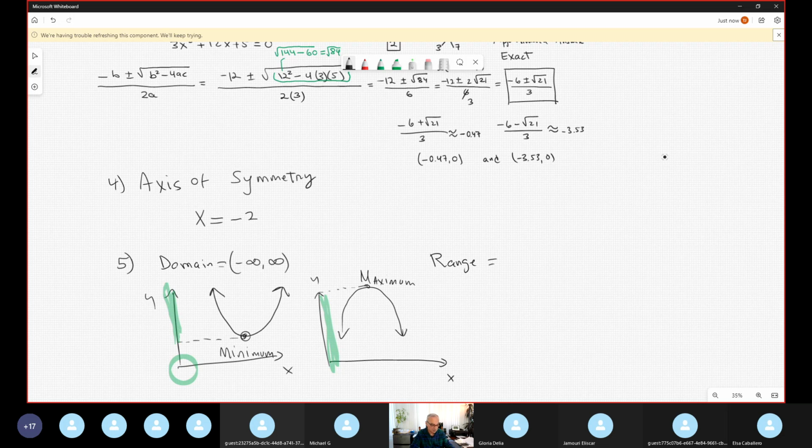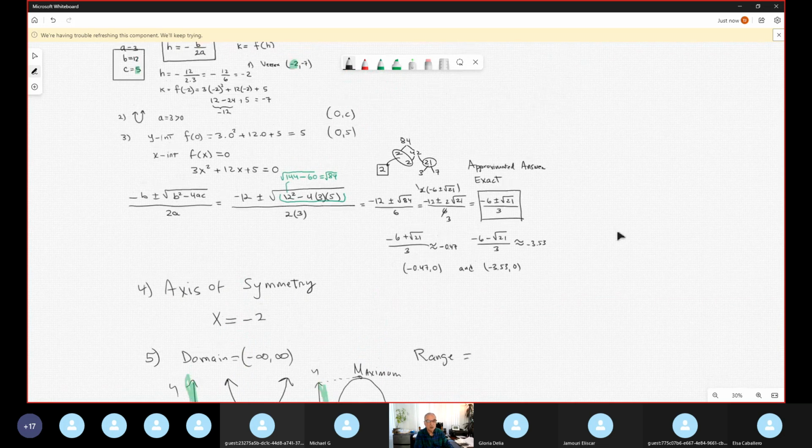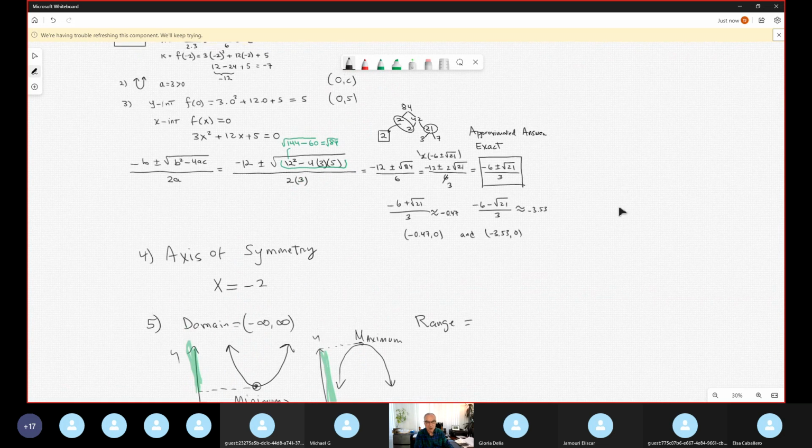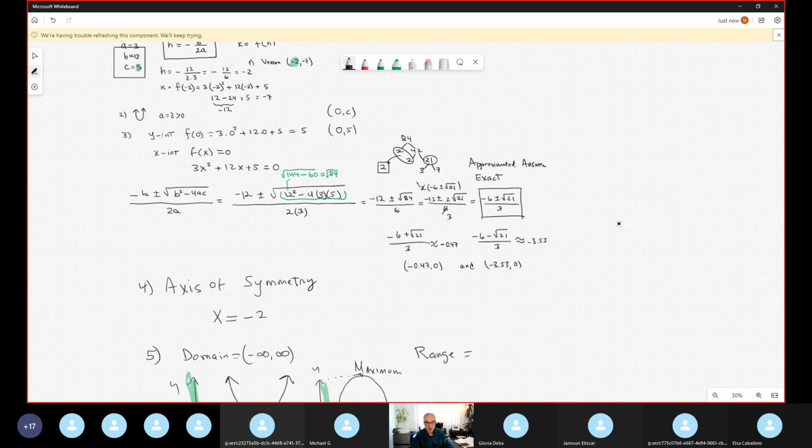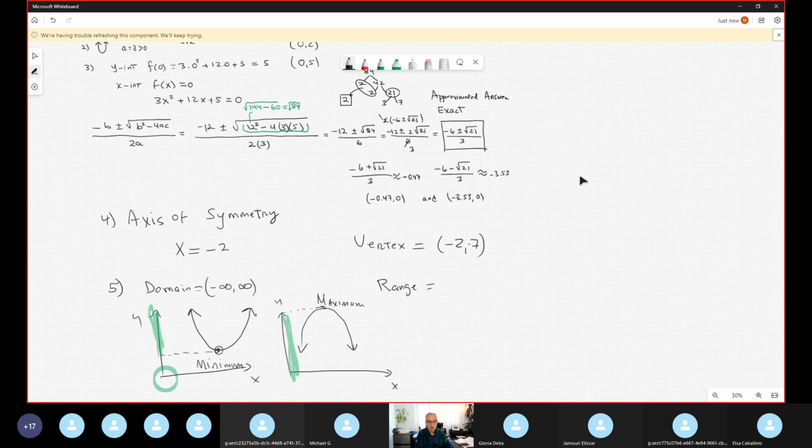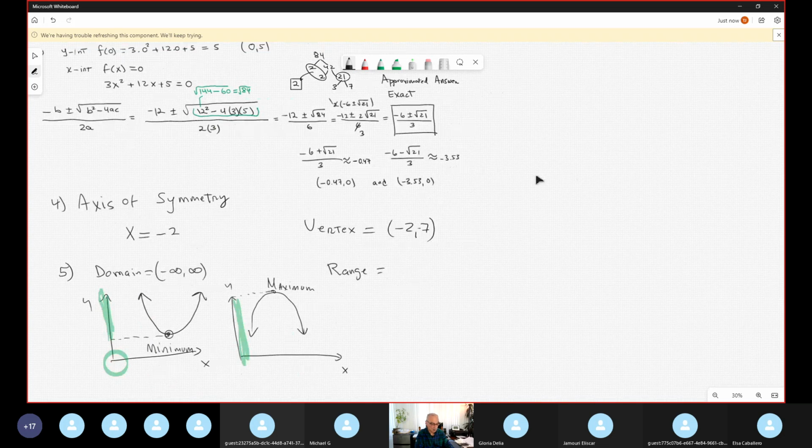In this specific example, the vertex is located at the point 7, no? 7 no. It's negative 2, 7. Let me recall. Okay, I forgot. The vertex of this parabola was negative 2, negative 7, sorry. And our parabola opens in what direction?